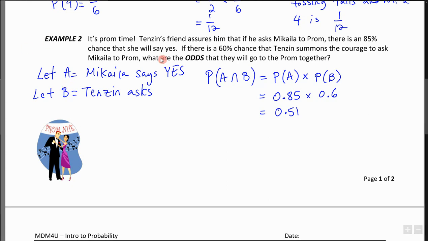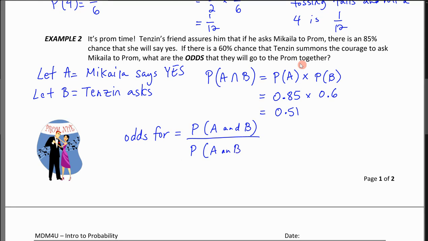But the question does not ask for the probability, it asks for the odds. The odds that they will go to the prom together. So odds for, not against, but for. So odds for is equal to the probability of A and B divided by the probability of A and B prime, the complementary.